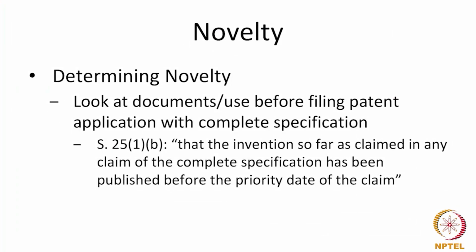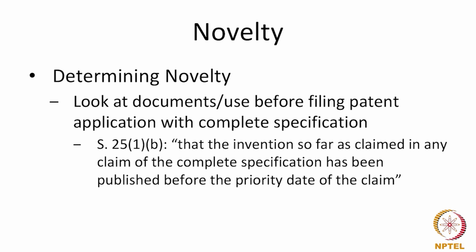In determining novelty, there are certain steps the patent office or the court would take. The first thing, what we had already mentioned, is contained in the definition itself. The definition states that for the purposes of determining novelty, you should look at the documents or the use before the date of filing the patent application with the complete specification.